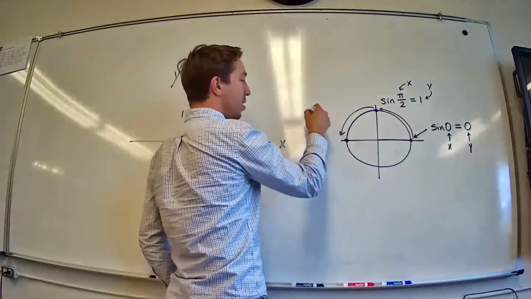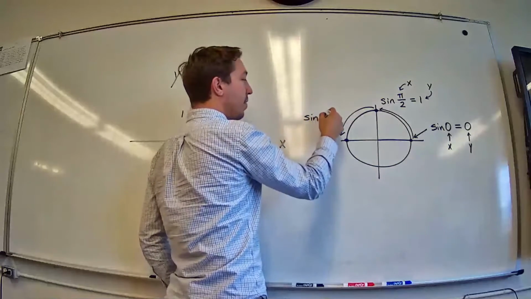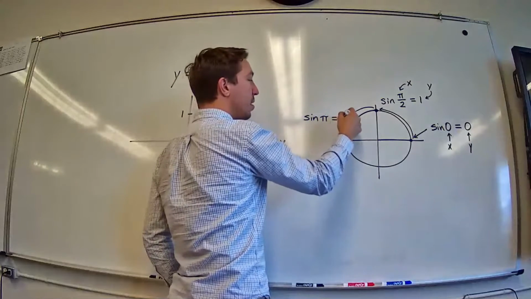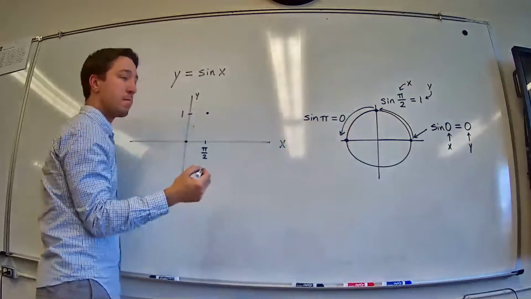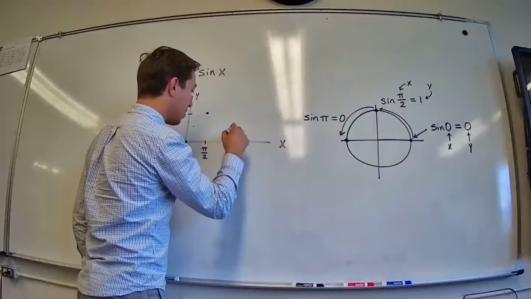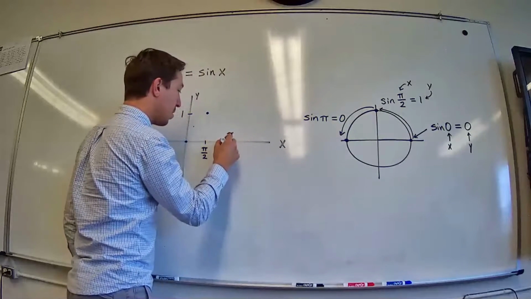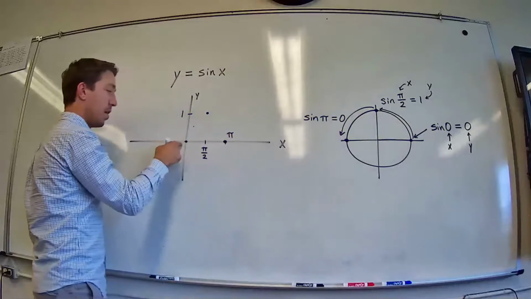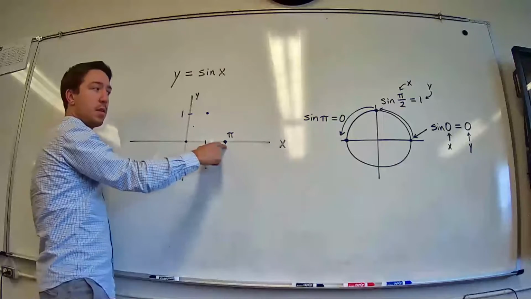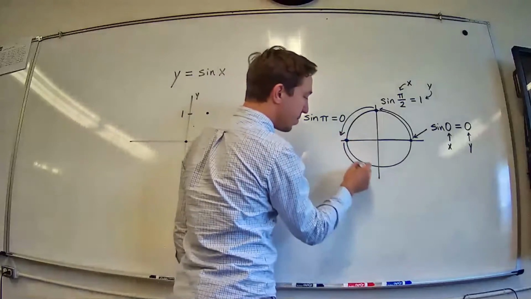This point is the sine of pi is 0. Still making sense? Okay, so the sine graph goes up and then down. Let's keep moving.